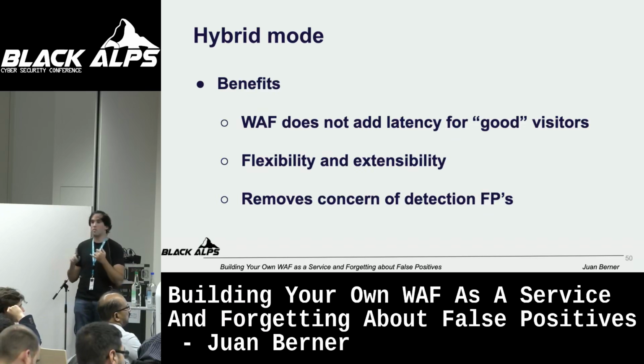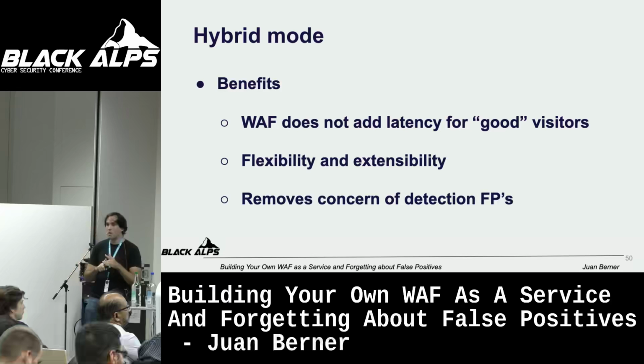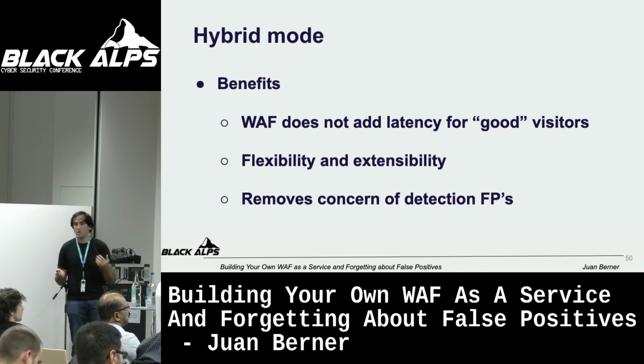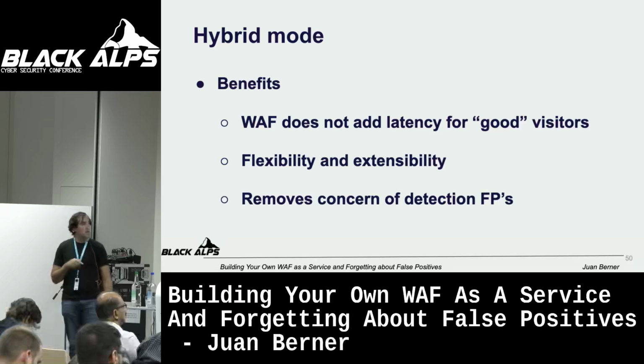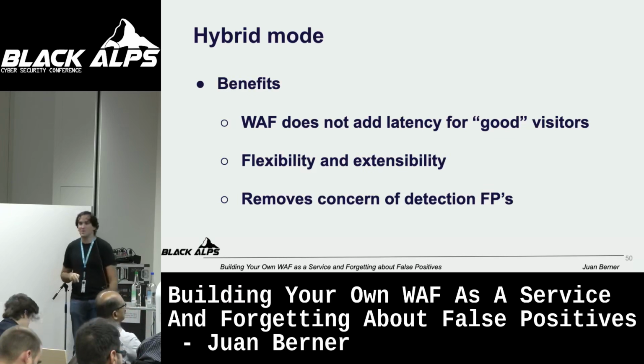You could embed your bot detection solution with your rate limiter and your normal WAF component, and get all these benefits. In some cases you might want to have it inline for everything, but depending on the application, it might change.